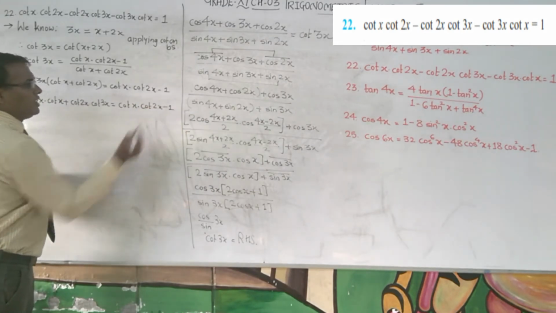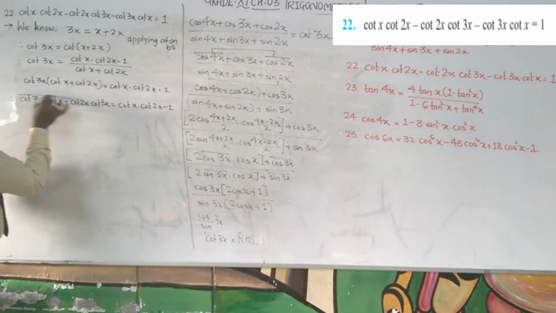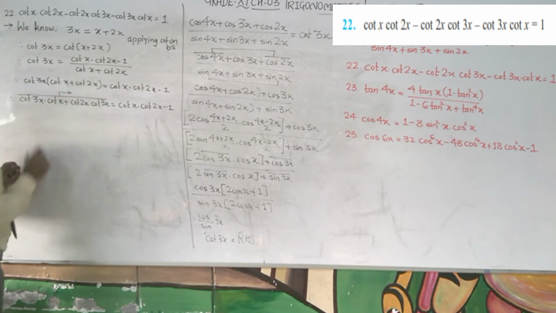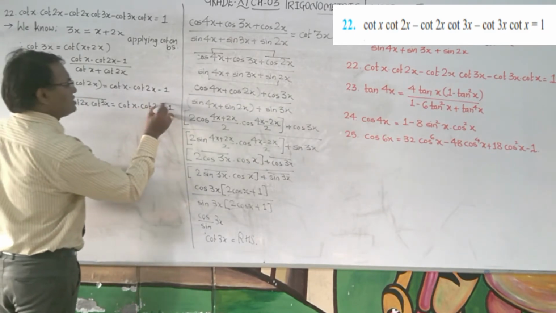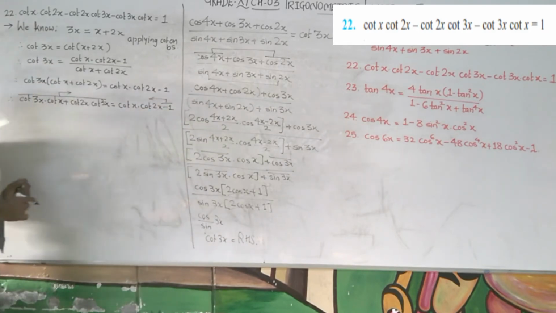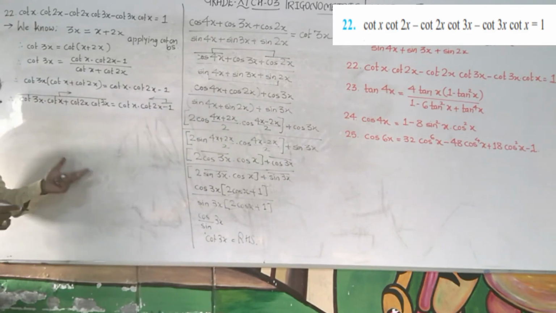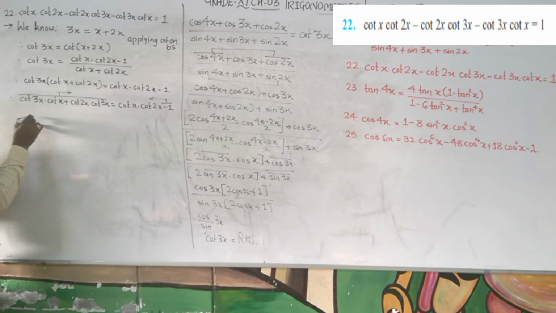Now what we are going to do is shift this whole term to the RHS, and this minus 1 we are bringing to the LHS. If minus 1 is brought to the LHS, it will become plus 1, no doubt.